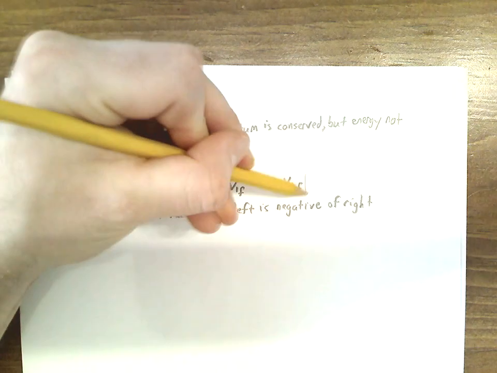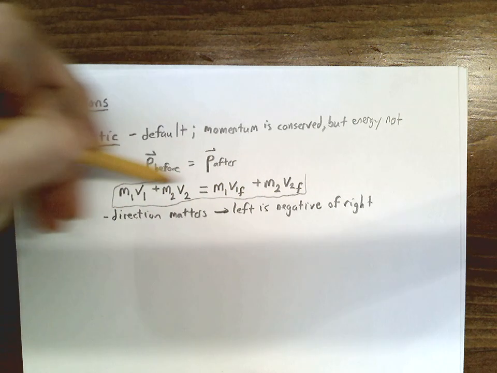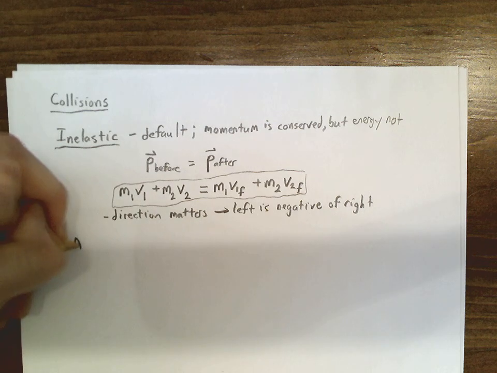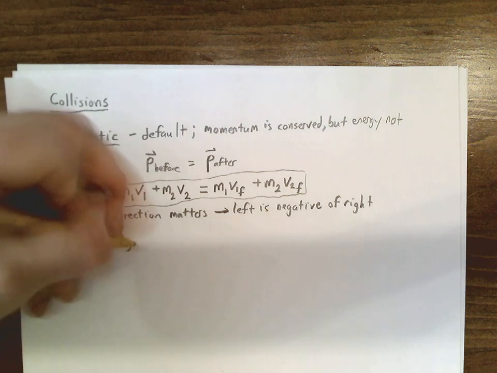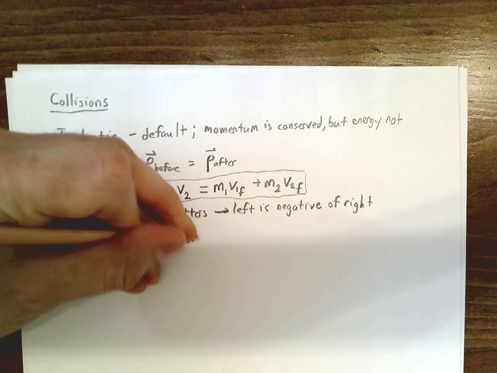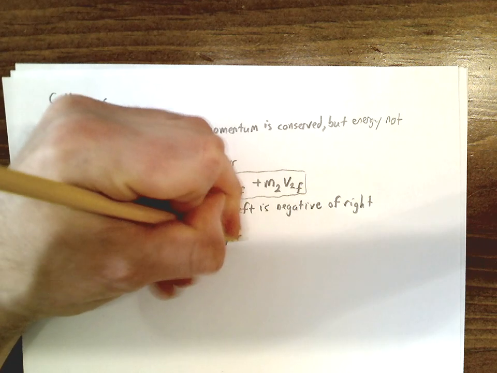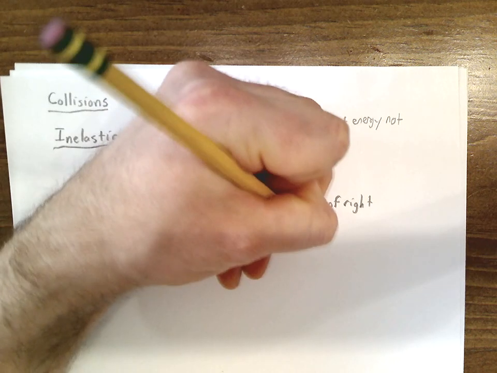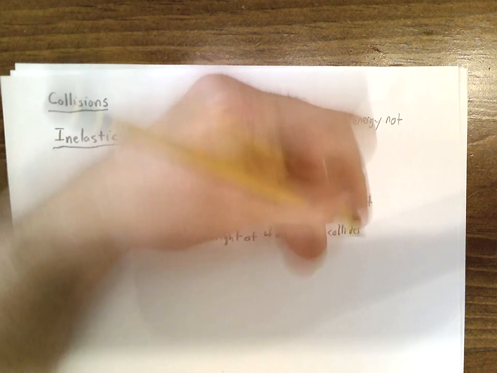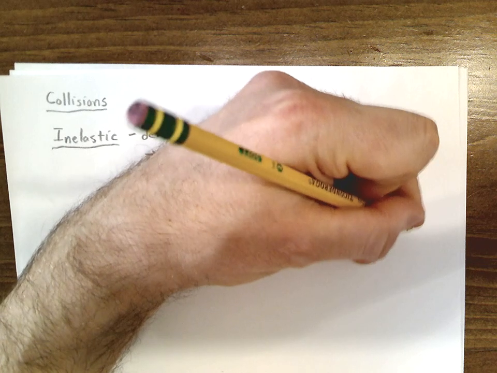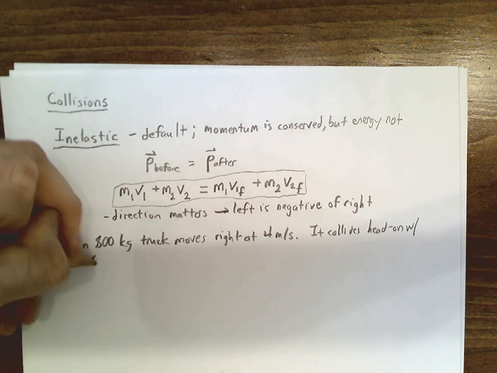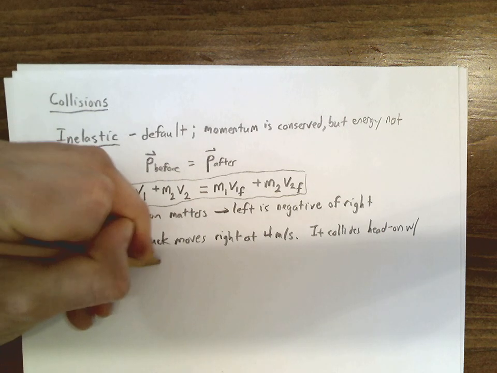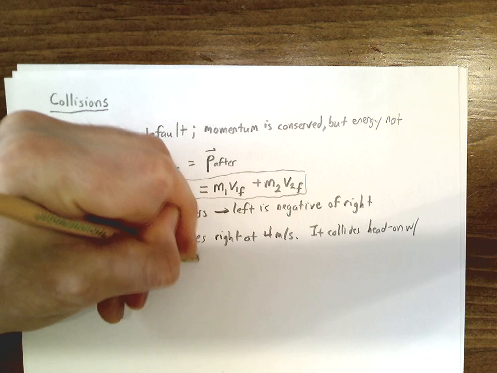So let's see how we can actually use this equation to analyze how things should behave in a collision. We can have the following situation. An 800 kilogram truck moves right at 4 meters per second. It collides head on with a 400 kilogram car at 6 meters per second.